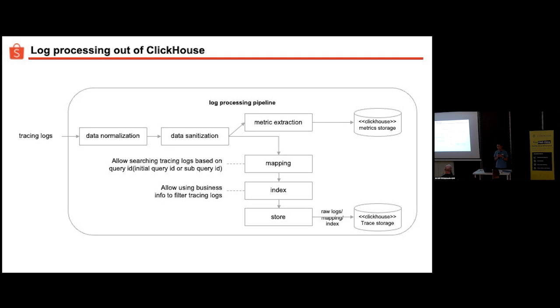What we do is, if there is a query ID in the distributed trace logs, we associate that particular query ID and the trace ID and store them together in ClickHouse. So if a user queries logs, whether with a trace ID or query ID, we will first try to find it in the mapping table. If there is a mapped entry, we can use the saved trace ID to query the logs too.